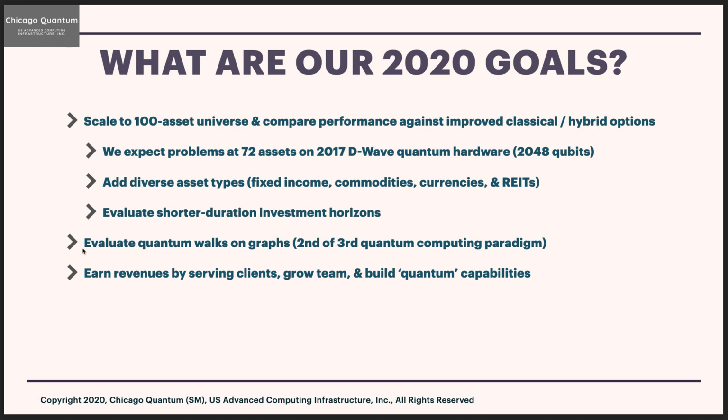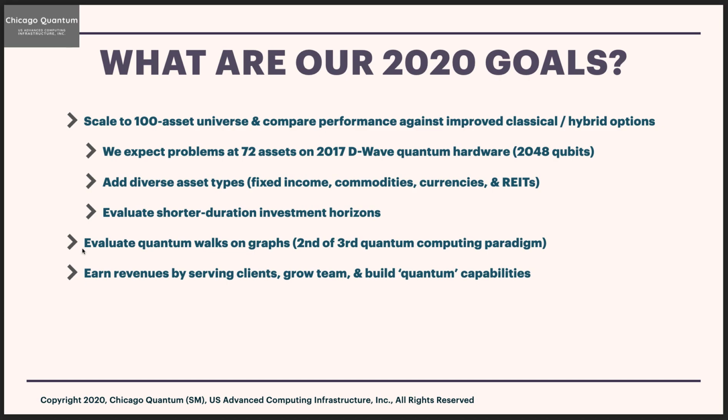We're also going to immediately start evaluating quantum walks on graphs. So quantum walk on graph uses probability theory, but also with quantum effects, to possibly have information move faster, to possibly allow us to forecast tomorrow's stock price. Now, our hypothesis is that quantum walks on graphs is great.